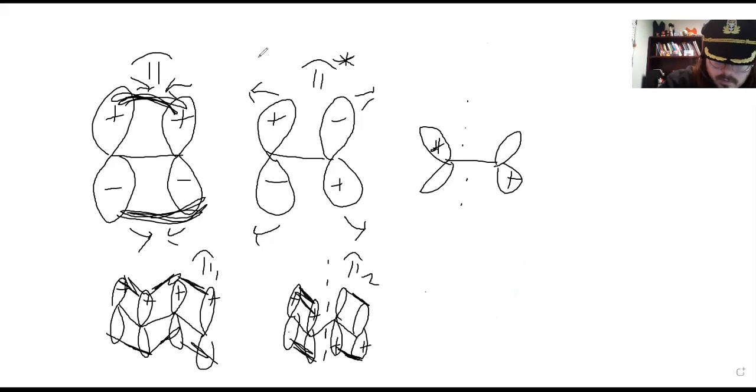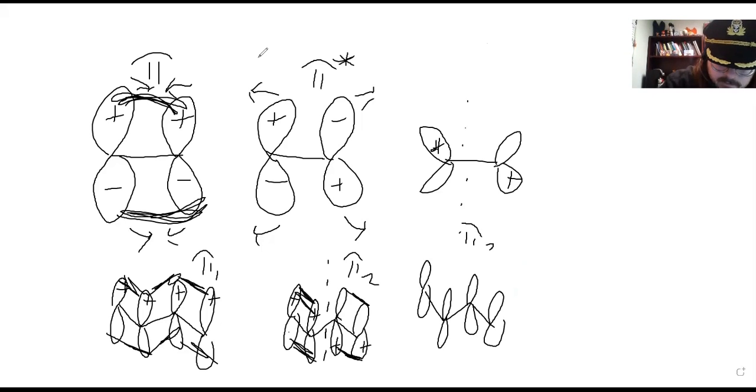For our pi 3, we're going to have two nodes. Put a plus down here, a plus down here, and a plus up there. So we have a region of bonding here, a node right there, and a node right there.